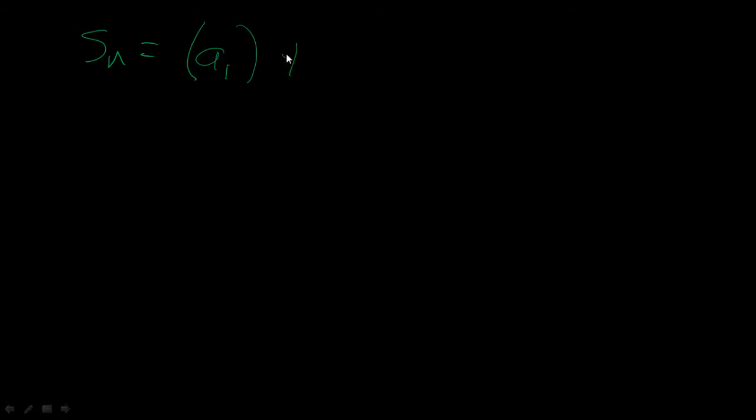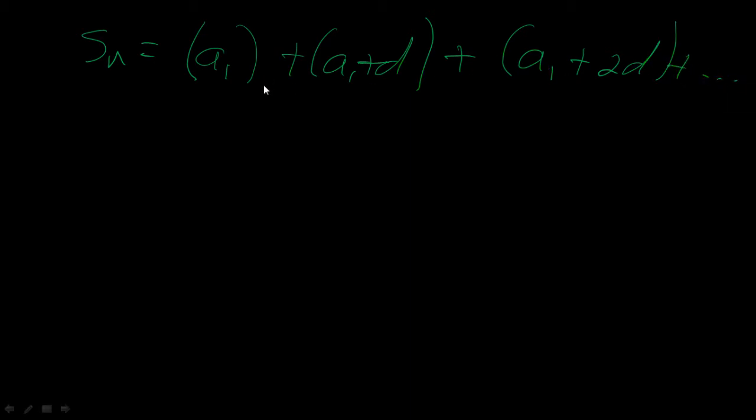The second term is A1 plus D, right? Because the difference between the first and the second terms is the common difference plus D. So if we just add the common difference to the first term, we will find the second term. The third term is given by A1 plus 2D, because adding D to the second term gives us the third term.